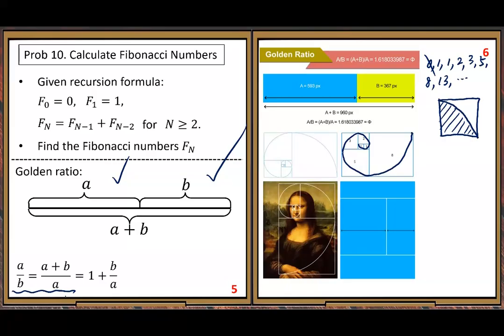So for that understanding, we can introduce a new variable to represent the ratio of A over B. Here, let's use x to represent our destination quantity, A over B. That's x.